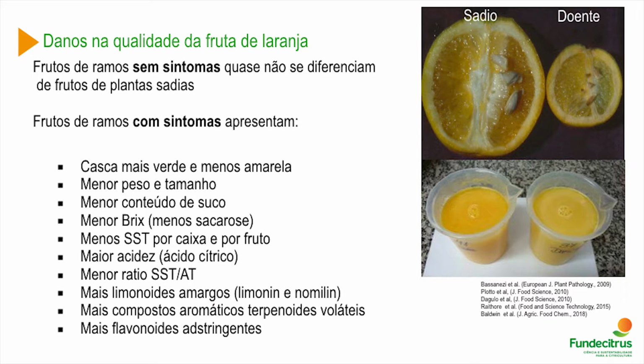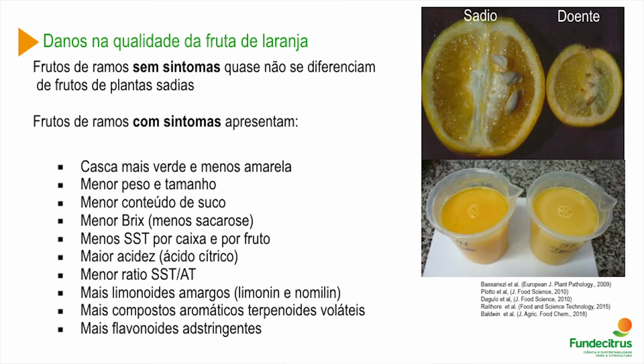And we do know that diseased branches will produce fruit with lower quality. Several studies carried out in Brazil and the States, especially in Florida, show that fruit from branches that have symptoms that can even be harvested, they have greener rind, lower weight, lower content of juice, less total soluble solids, and lower Brix with low sucrose.